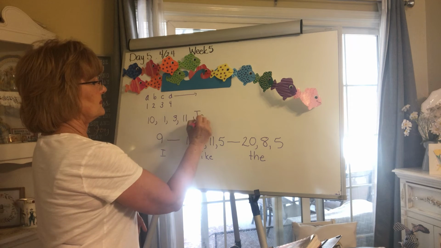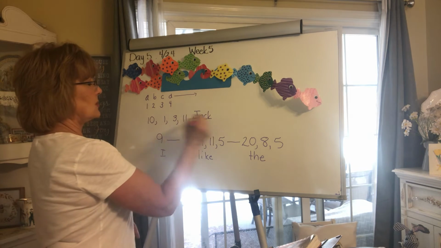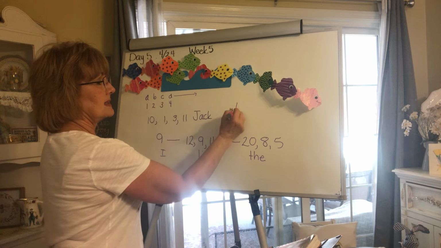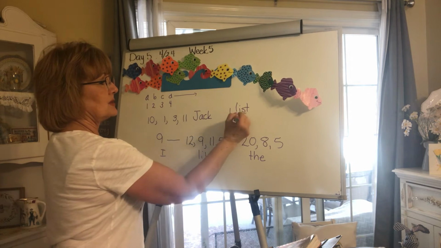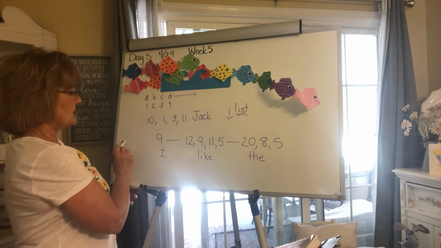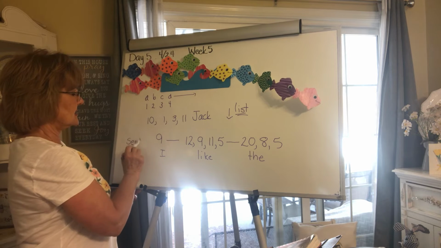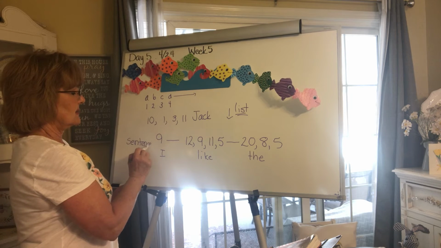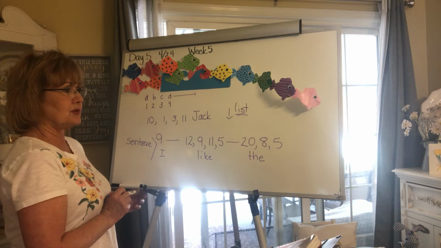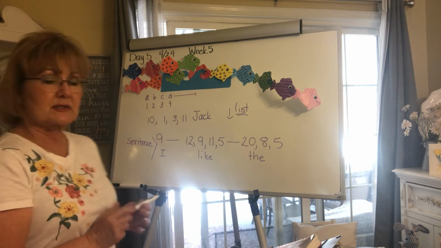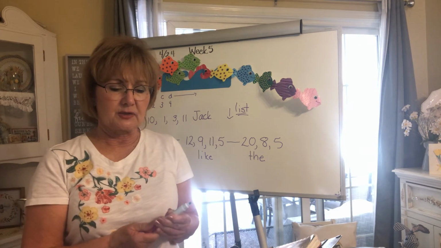J-A-C-K. So if you just want to list things that you liked, or if you want to write it in sentence form, then you could do that, okay? So why don't you go ahead and do that?